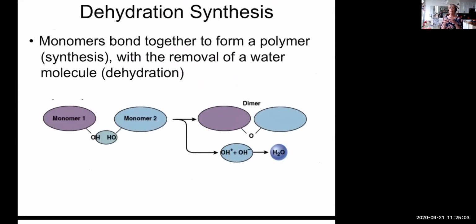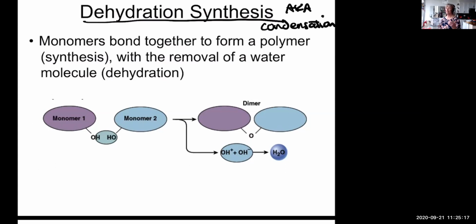When we bind those monomers together, we use a method known as dehydration synthesis. It's also known as condensation. It depends which textbook you look at, actually. So monomers bond together to form a polymer. This is known as synthesis, and it happens because a water molecule is removed.